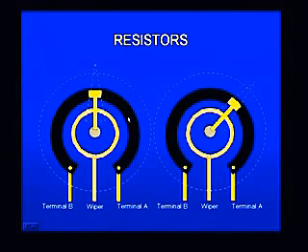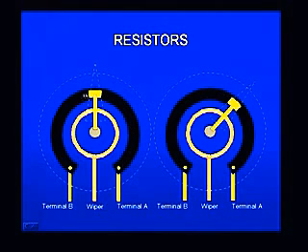This wiper can be moved along the periphery of the resistance, so that if I take, for example, the value between terminal A and the wiper, only this portion will be included in the circuit, therefore the resistance will be this much. Whereas in this figure, if I use the same center and terminal A, it has a much larger portion of the resistance, and therefore the value of the resistance will be much higher.